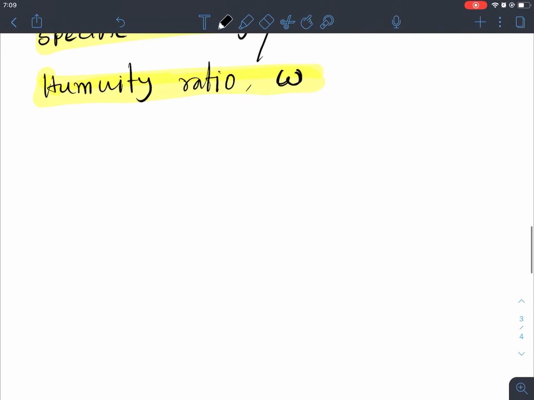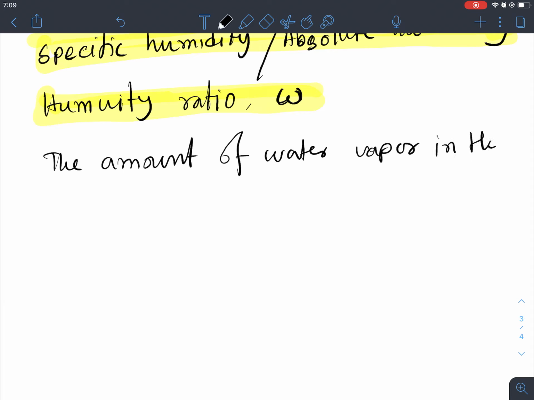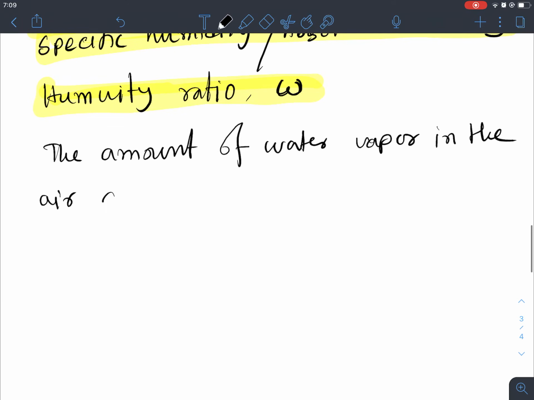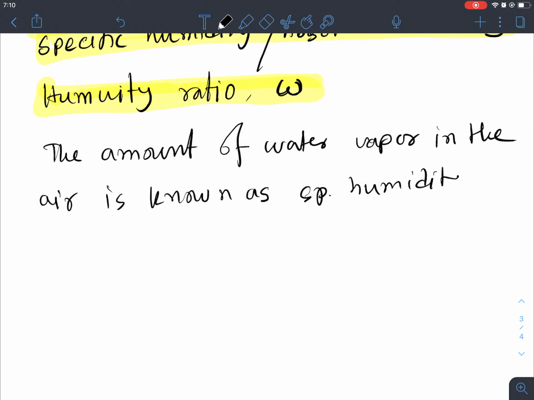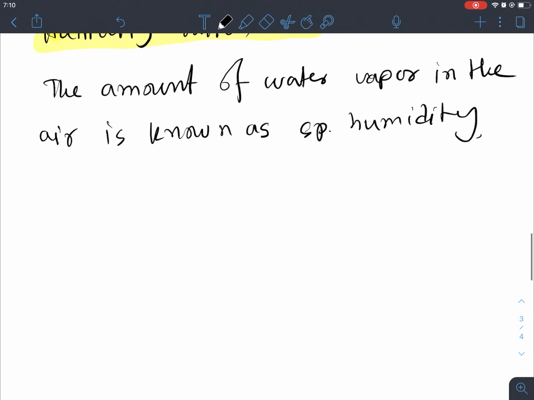So basically the amount of water vapor in the air is known as the specific humidity, or basically the absolute humidity.